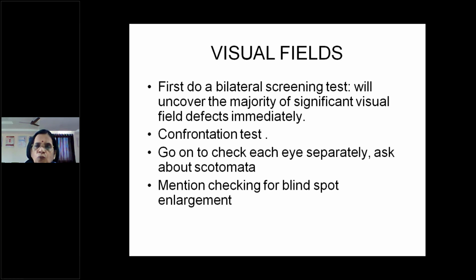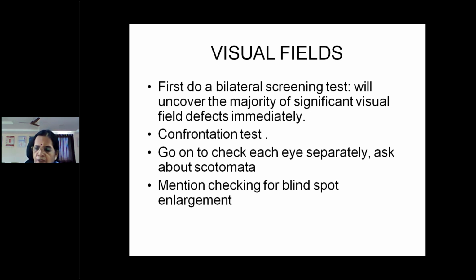You keep your finger in the middle between the patient and yourself, and then laterally slightly bring it into the field of vision. If you are able to see it without moving the eyeball, the patient should also see the finger. Like that, you test the lateral, inferior, superior and medial fields.